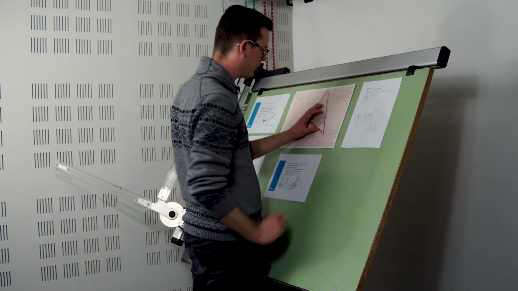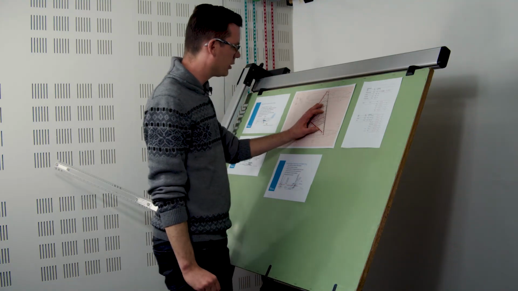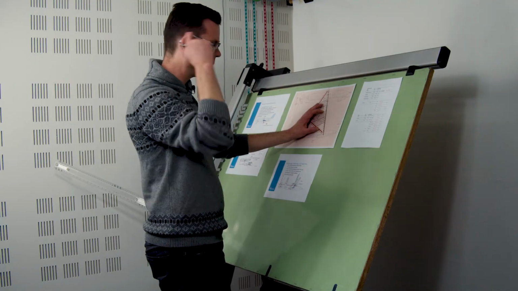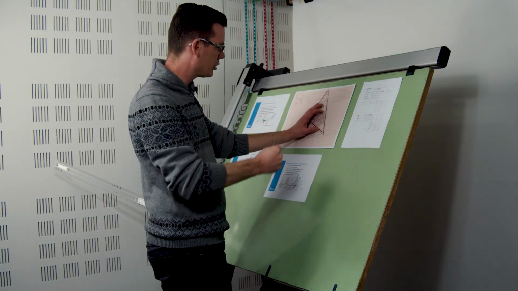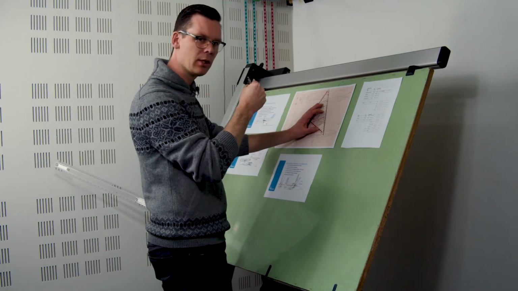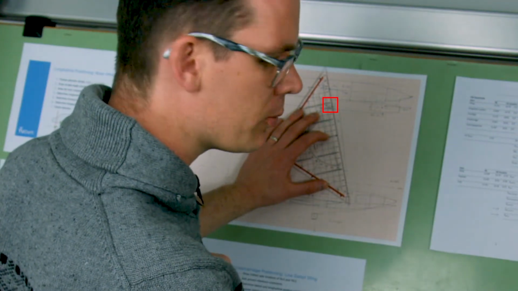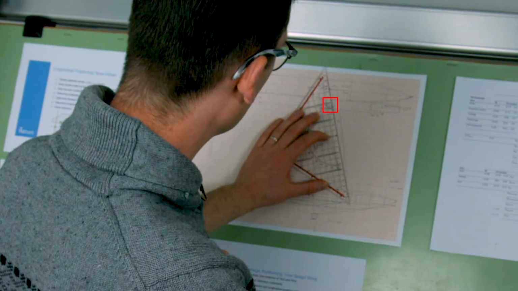And then if I just put my protractor here, I can already see that if the strut is going to be straight up, it is going to be more or less intersecting with that spar, which means the spar position is almost good.